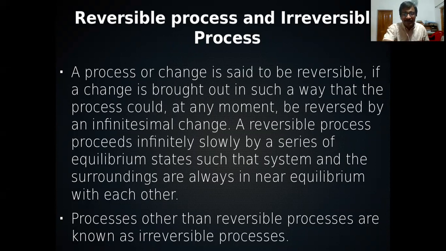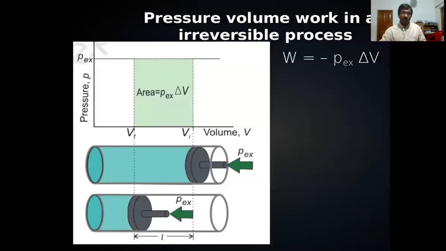First, we can see the irreversible process. Pressure volume work in an irreversible process. In the case of expansion, work is done by the system. So simply we can write it as W is equal to minus P delta V, where delta V means change in volume.